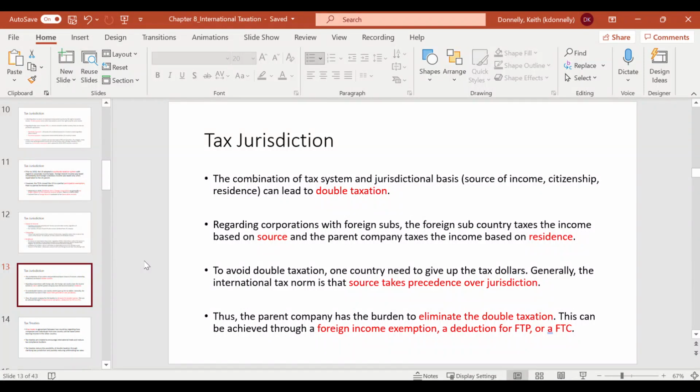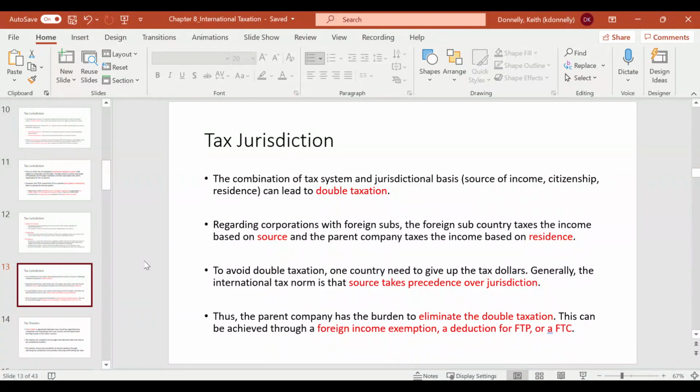Thus, the parent company in this case is going to have the burden to eliminate the double taxation. So again, what's going on here? A U.S. company opens up a foreign subsidiary in England. There's $100 of income in the foreign sub. The U.S. says we're taxing that based on residence: you're a company, you reside in the U.S., we're going to tax all of your income.